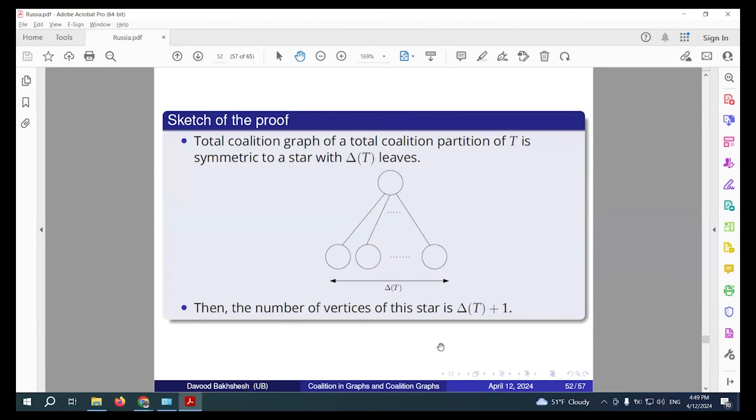To prove this result, here is the general concept of the proof. We first prove that the total coalition graph of the total coalition partition of T is isomorphic to a star with Delta leaves, and according to this result, we can easily prove that the number of vertices of this star is big Delta(T) plus 1.